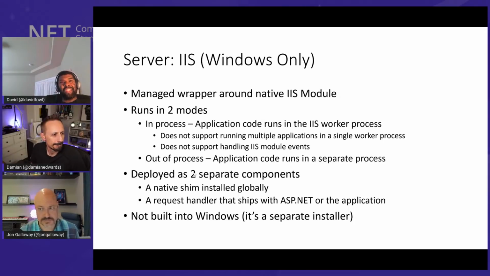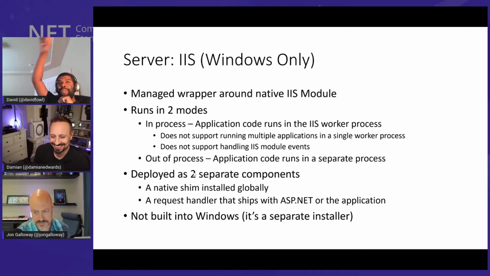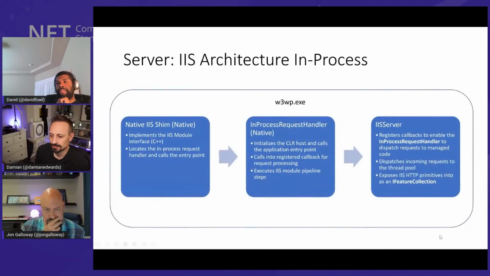Turns out IIS does not support, who would have thought, local modules on your machine. You have to install it into the global folder in C:\Windows, with admin privileges. So that was a hard thing to swallow. So we broke up the design into this model which we call the shim.